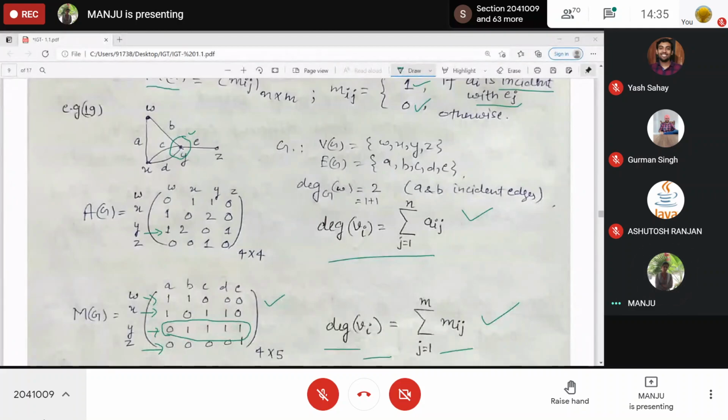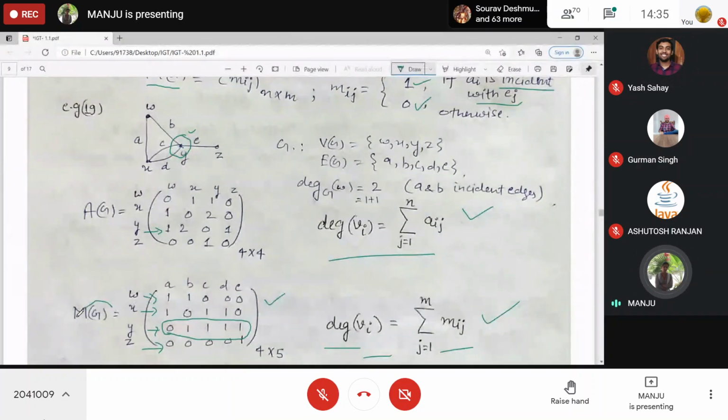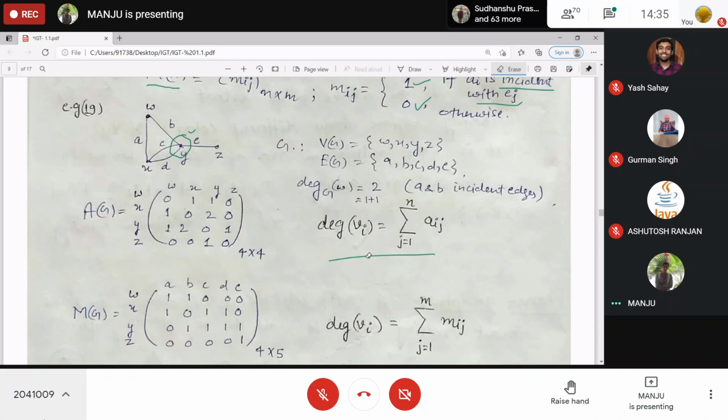No. So in general, MG may not be symmetric. Diagonal entry may not be 0. In AG, all the diagonal entries are 0 and it is symmetric. And AG is coming from only the vertices, right? So its order will depend on the order of the graph, but MG will depend on order and size both, right? It accounts for all the vertices and edges.